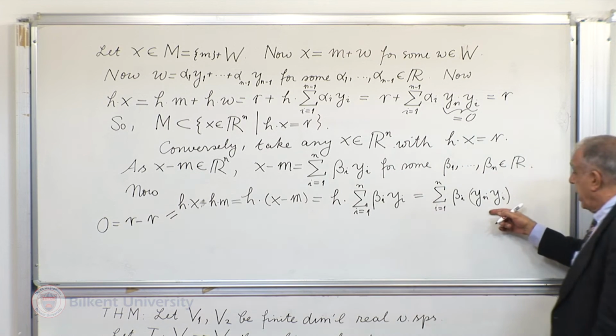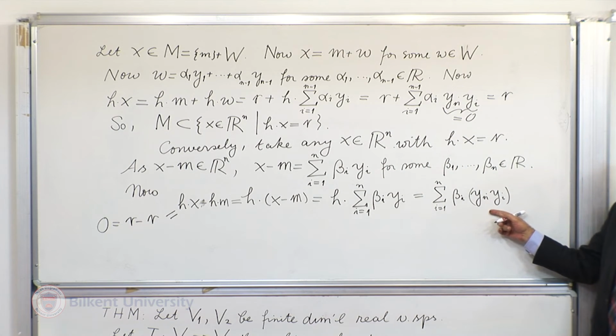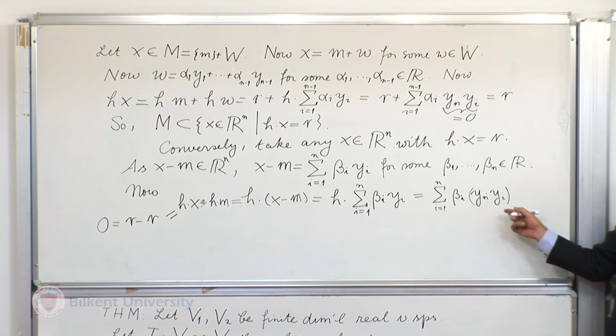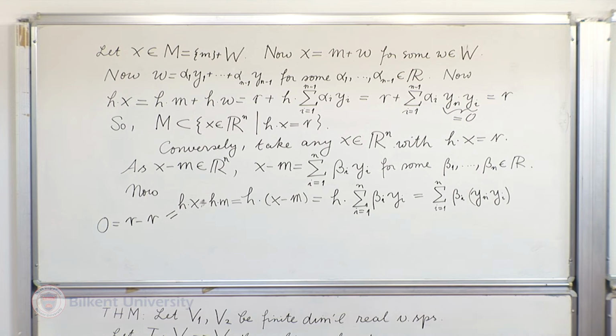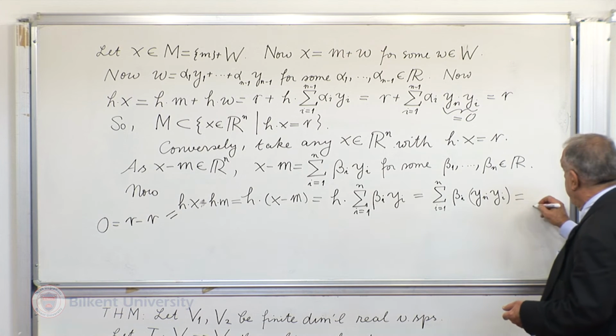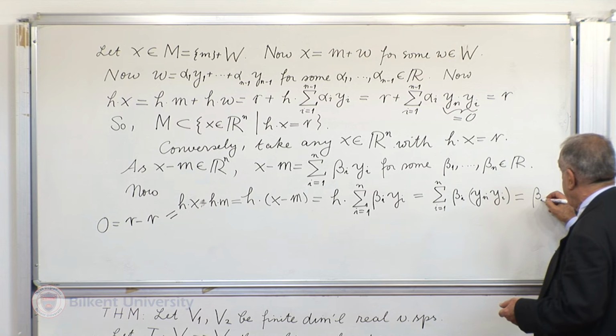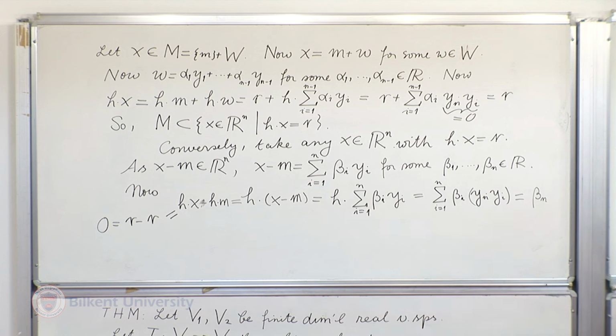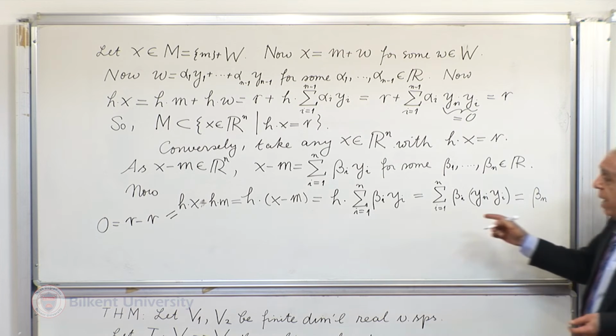What can we tell about these? Well, when i is different than n, this will become 0. If i is equal to n, yn dot yn, that will be the norm of yn squared, but that will be 1. So this will be equal to beta n. But now beta n is 0.